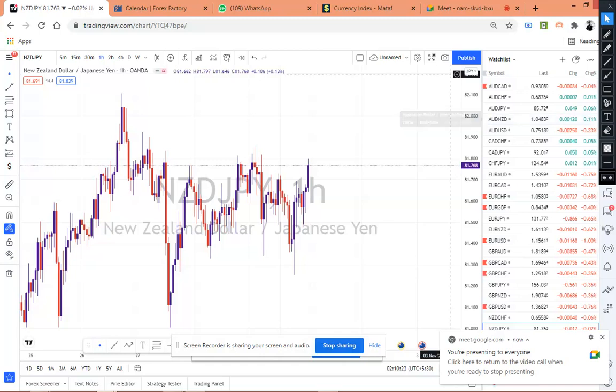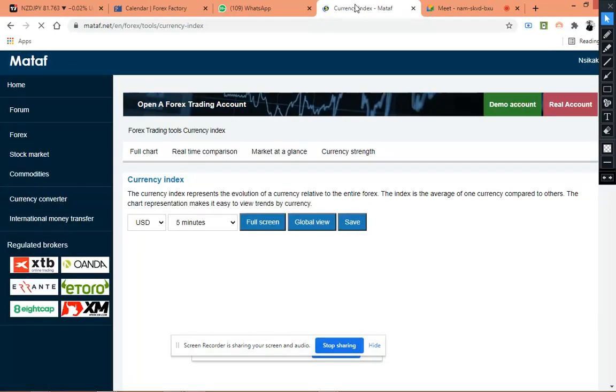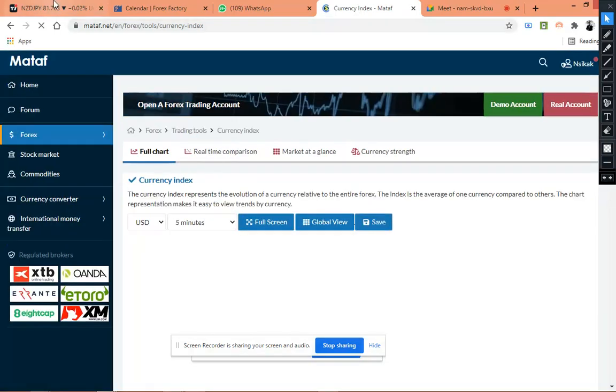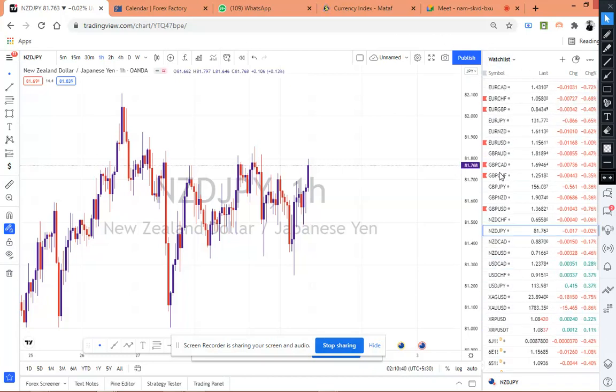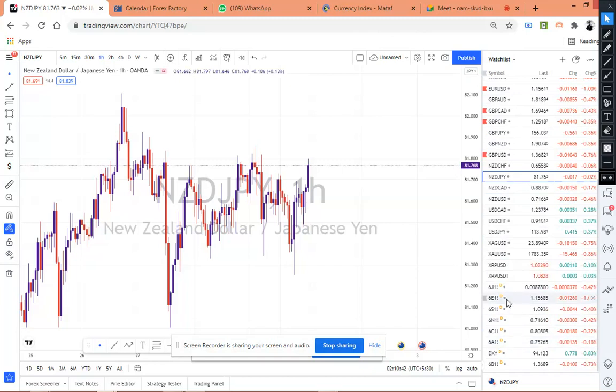Tomorrow we'll go through the whole chart on this website, Meta F, to check all the currency index. I tried to use the TradingView currency index, but it seems to be delayed by 10 minutes, so it doesn't correspond with the currency pair.